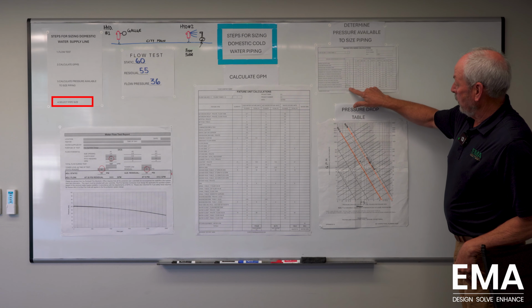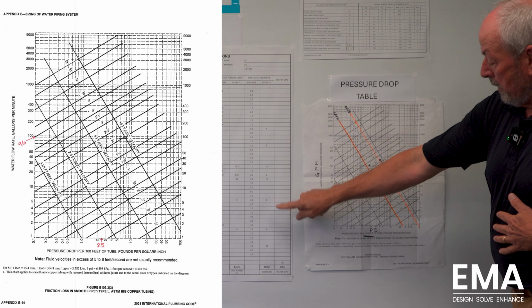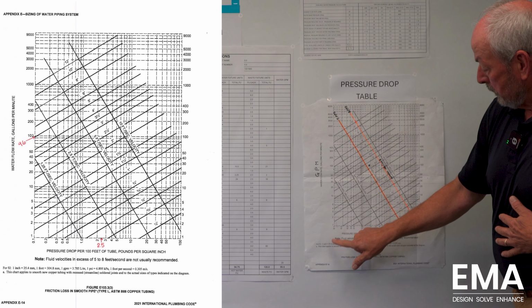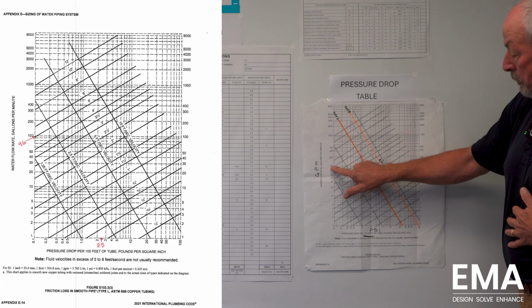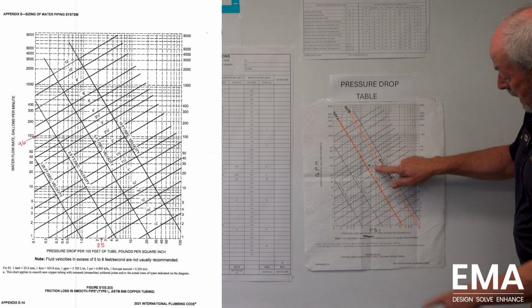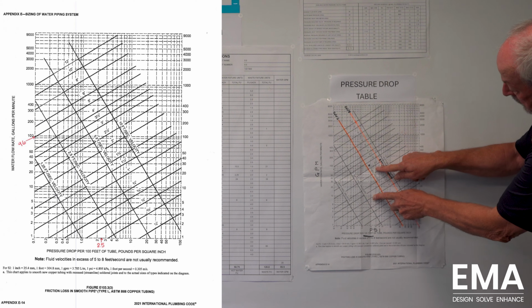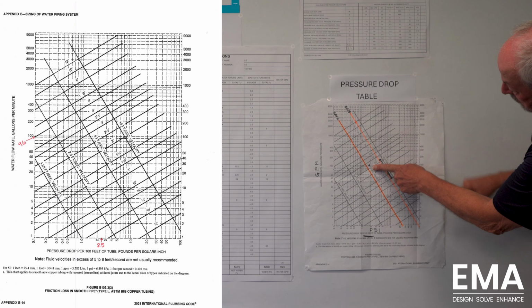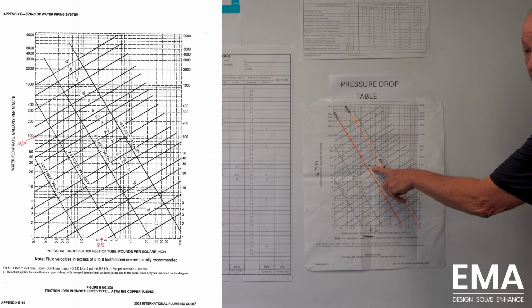We're saying that we've got 2.5 PSI per 100 foot, and we're at 95.5 GPM. So at 95.5 GPM, you come right up here. It's almost 100, obviously. You come across this line, and then you find 2.5 PSI per 100 foot drop. And you slide your finger up, and where these two lines intersect is a 2.5 inch water line.